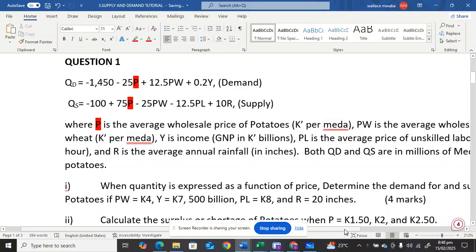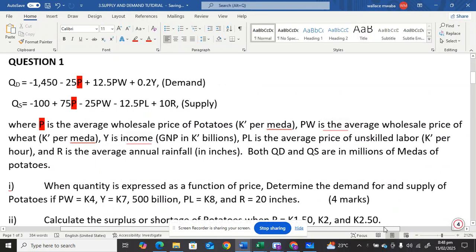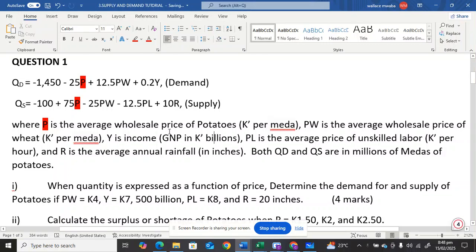PW is the average wholesale price of wheat. So PW here, we have PW here. Y is the income. So Y here, in our demand function.